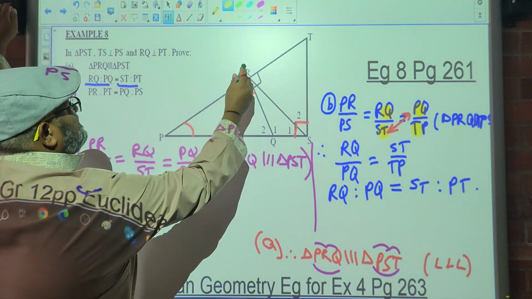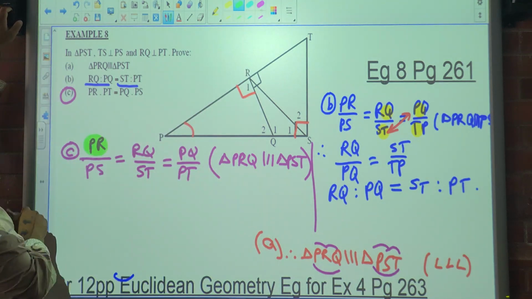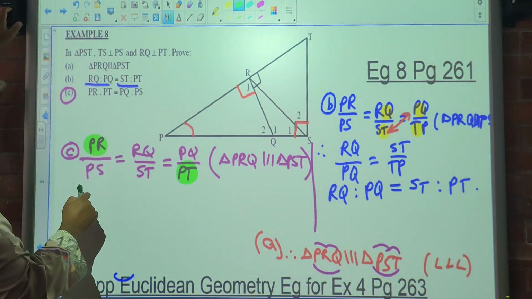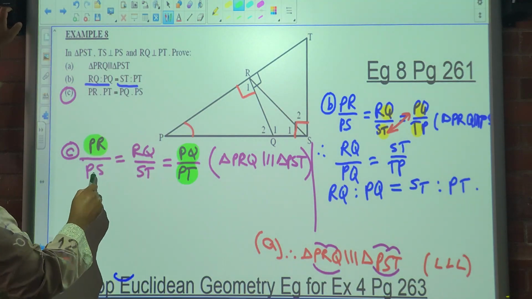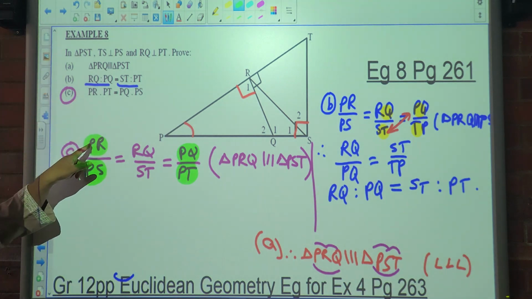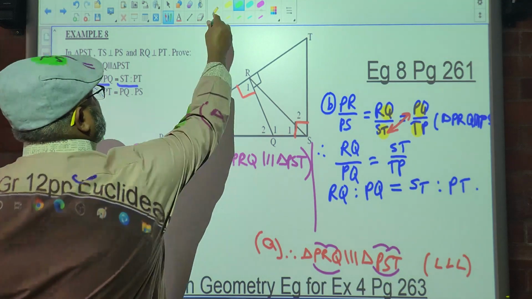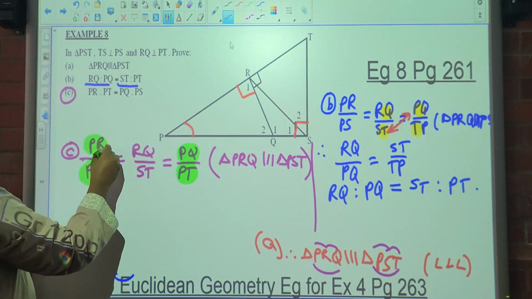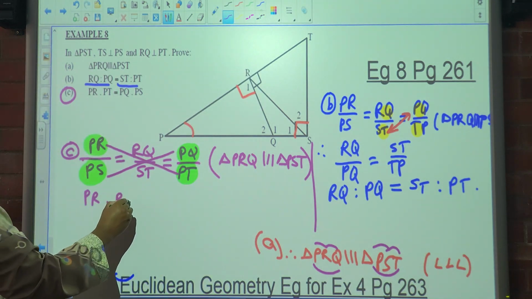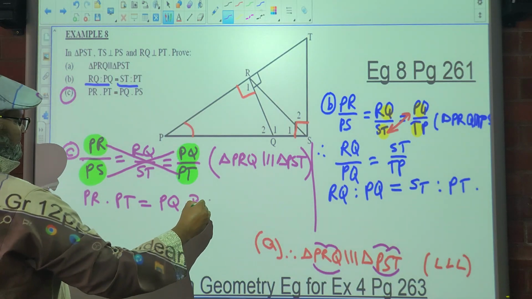They want PR and PT, and PQ and PS. Can you see that, people? But in actual fact, it's PR times PT. And yes, we can cross multiply, not so? So we cross multiply those two. Then I'll get PR times PT is equal to PQ times PS.